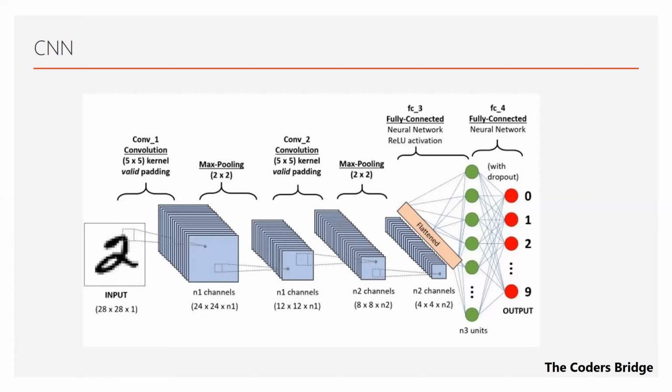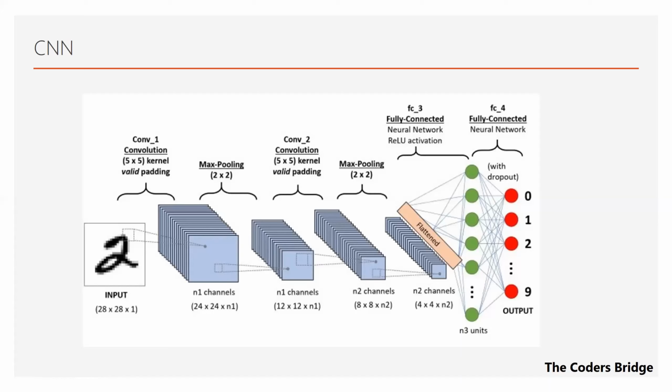In a convolutional neural network we will have a combination of max pooling and a convolutional layer. Here you can see it is 28 cross 28, which means our image is 28 pixels.